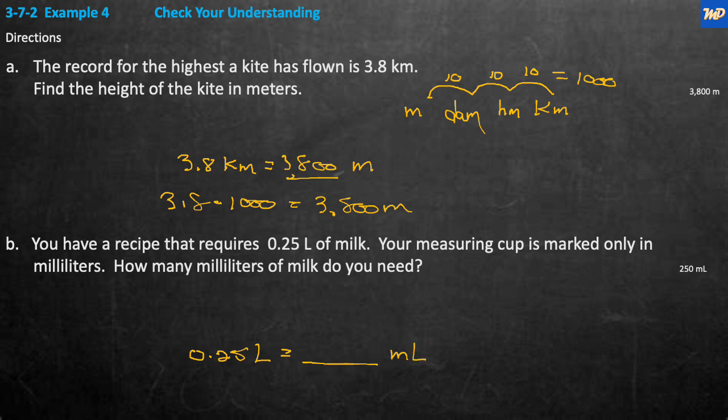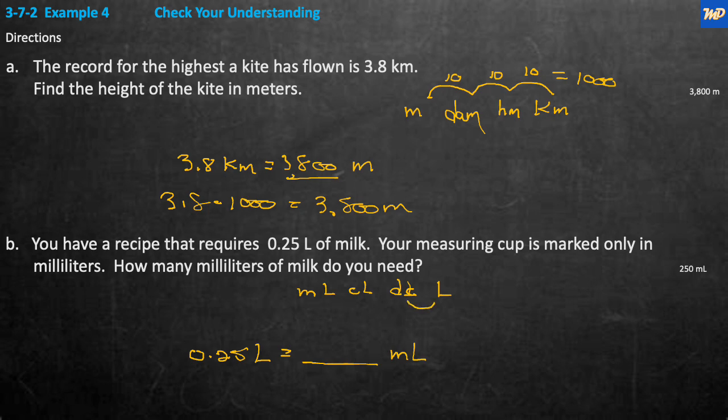This time, I'm going to write them up here on the top. I'm going to write milliliters, ml, cl, centiliters, dl, deciliters, and then finally liters. We are going from larger to smaller. We're at the liters, we're going to the milliliters. We're going down from right to left.